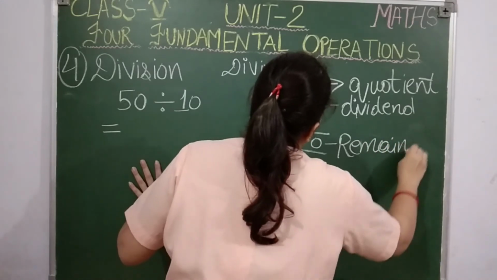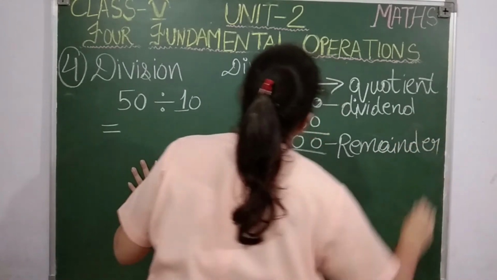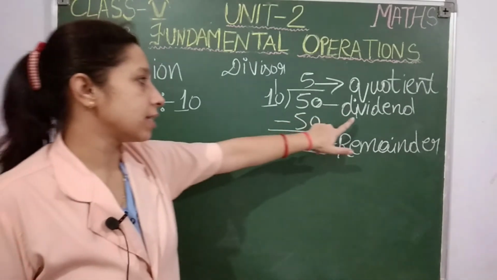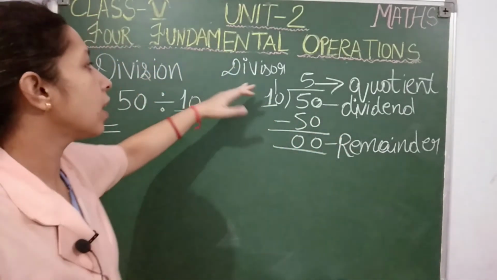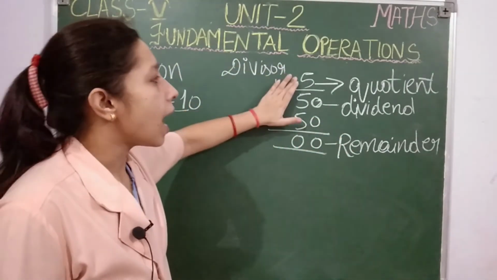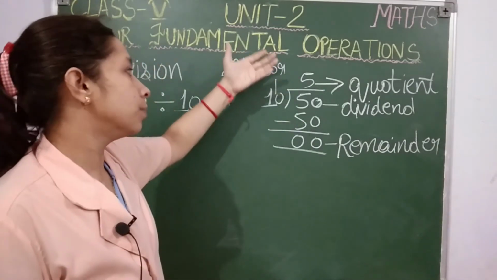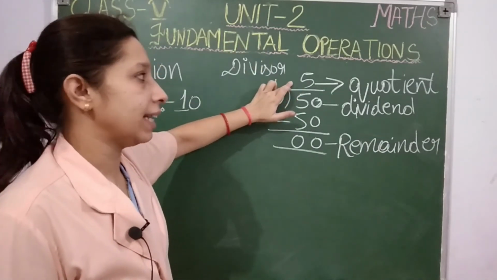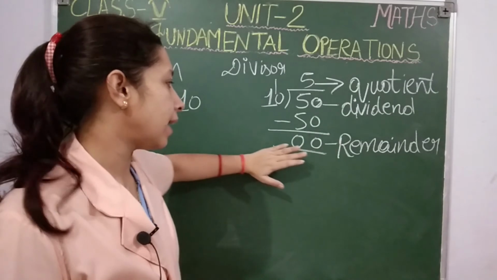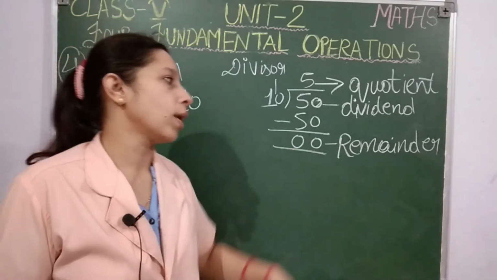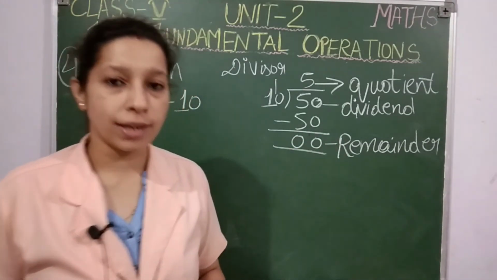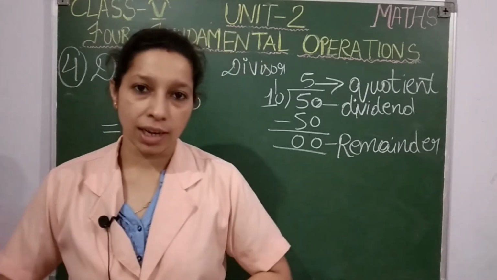So this is your division. The number which is being divided is known as dividend. The number which is dividing the given number is known as divisor. The answer is known as quotient, and if some number is left, then it is known as remainder. Clear students? So this was your division.